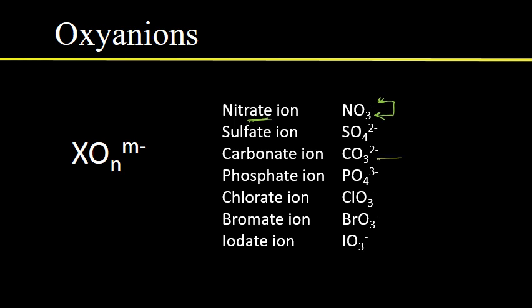For carbonate, it's got 3 oxygens and a -2 charge, right? And for sulfate, it's got 4 oxygens and a -2 charge. So there's really no link between this subscript number and this charge. Unfortunately, the only way that you can learn these, again, is just to commit them to memory by using flashcards or something like that. And these are really, really important.